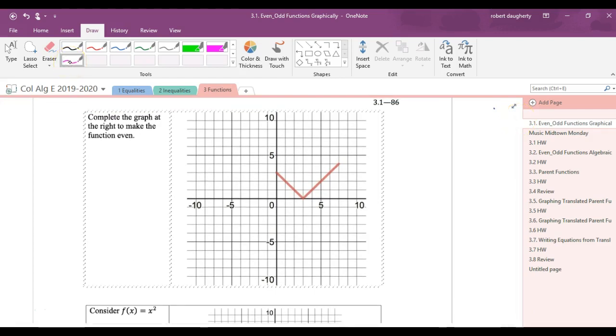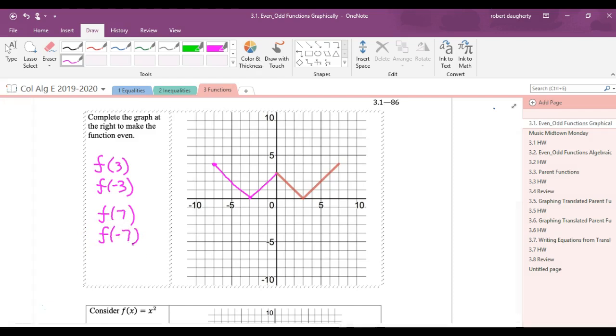And I will just work on that right here. Okay, you should get something that looks like a W here.